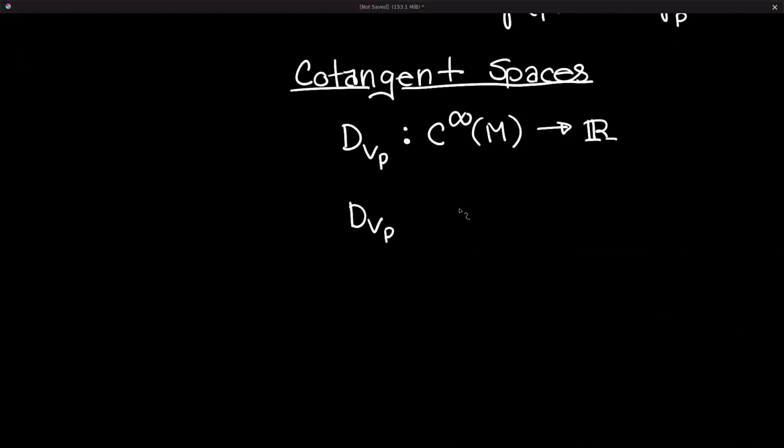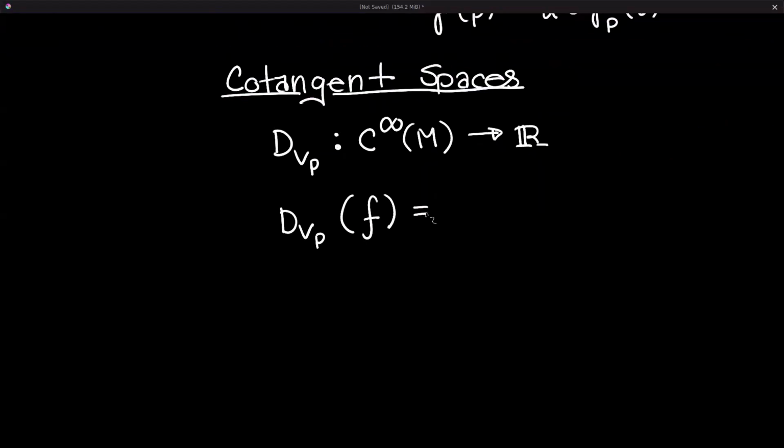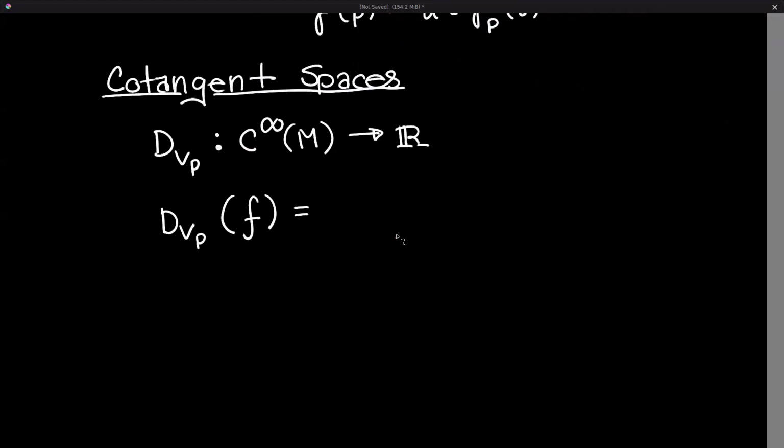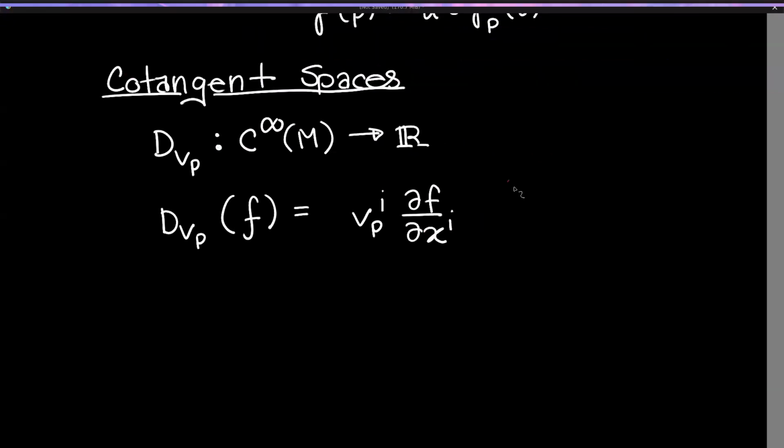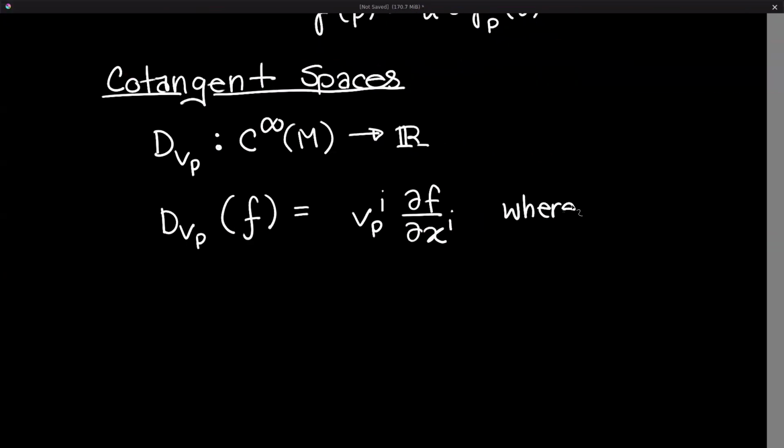Well, we take a function from C infinity M and we decompose it like this, where this set xi, oh, I called this M, but it should be N. This is a coordinate basis.